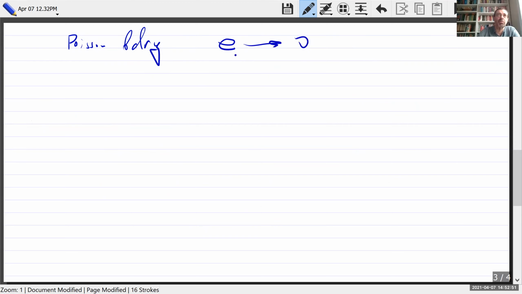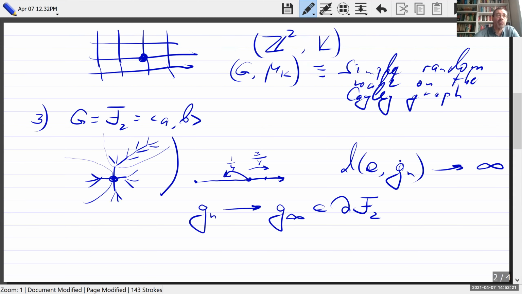And if we start from an arbitrary point G, then since everything is equivariant, the corresponding hitting distribution will be the translate of this measure, G nu. So that's what is called a harmonic measure. These harmonic measures are called harmonic for the following reason.